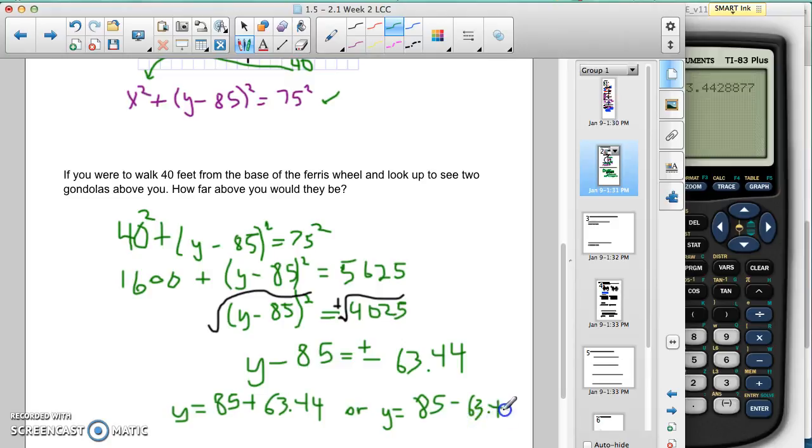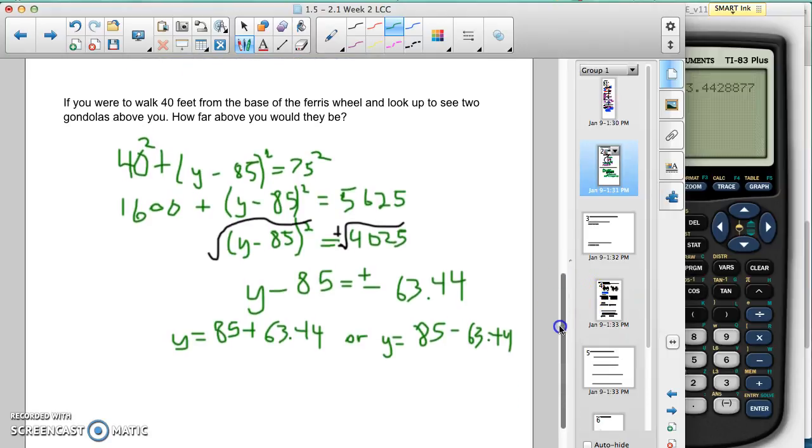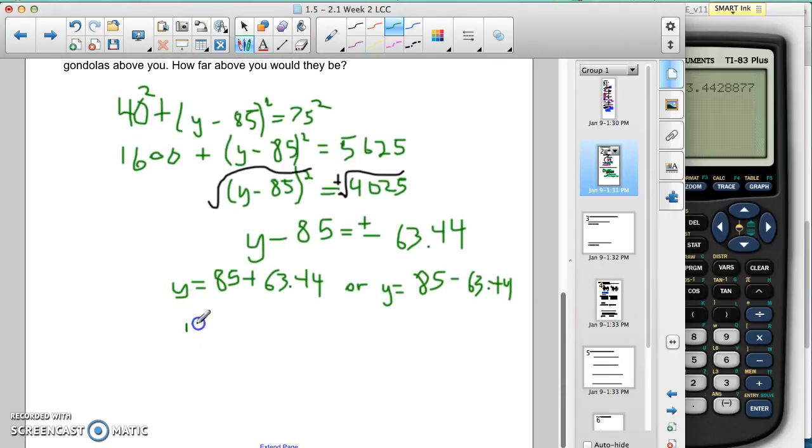So if you add and subtract that from 85, you'll get close to the values of, for the first one here, 148.4. Or on the second one, I get a positive 21.6, rounded to one decimal place.